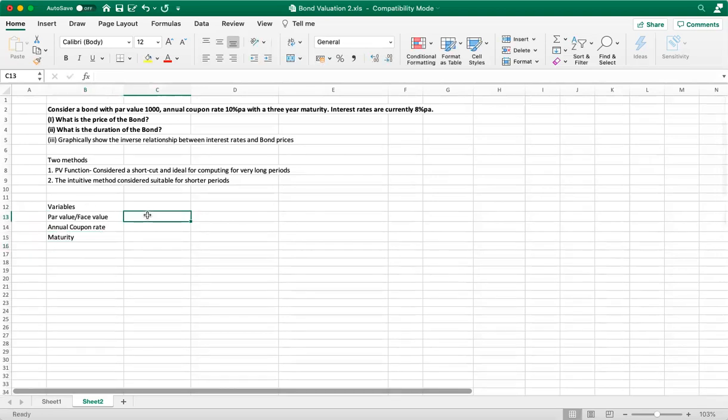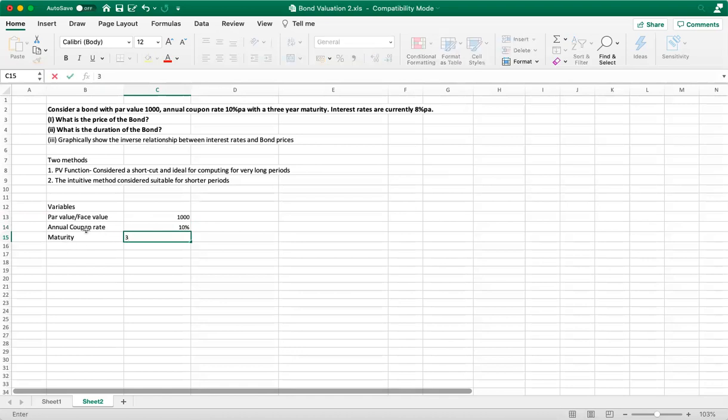Recall from part 1, bond valuation part 1, we said these 3 will remain constant. So par value remains 1,000 throughout. Annual coupon rate, for our case, is 10% per annum. It will remain 10% per annum for these 3 years.